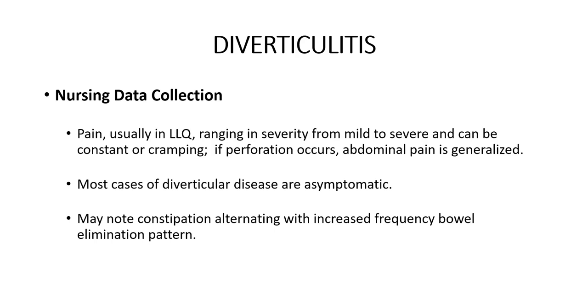They may say that the severity is mild to severe, so let's just say 5 to 7 on their pain scale. They may complain of cramping. And then, like we talked about, if perforation has occurred, that pain will switch from that left lower quadrant to be more generalized in the abdominal cavity.